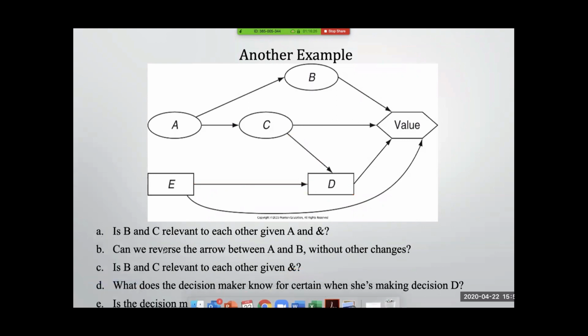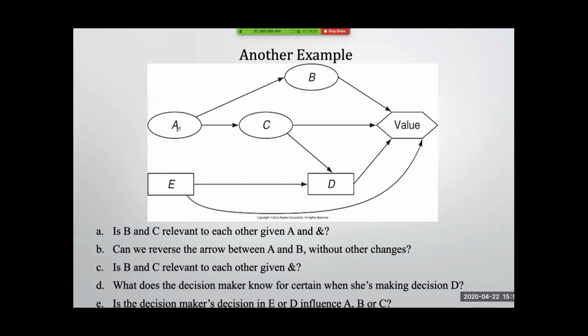Last question, is the decision maker's decision in E or D influencing A, B, or C? Again, the influence relationship is represented by an influence arrow, which means you need to check whether E or D has an arrow coming out of them and into either A, B, or C. Let's look at E first.